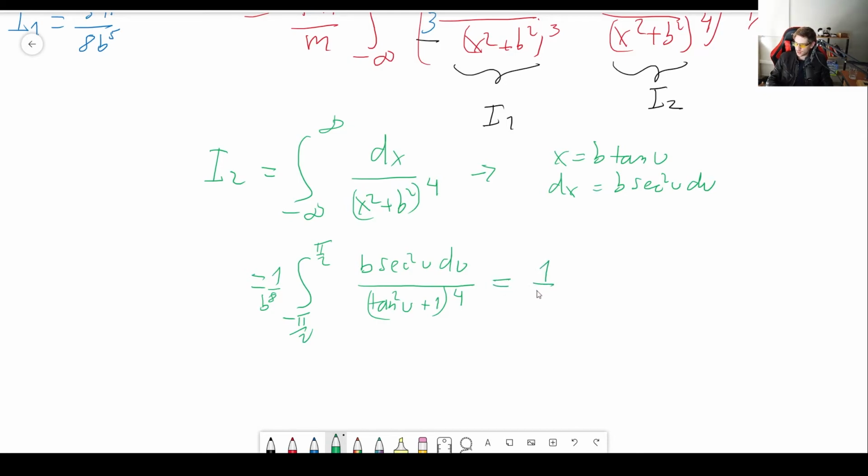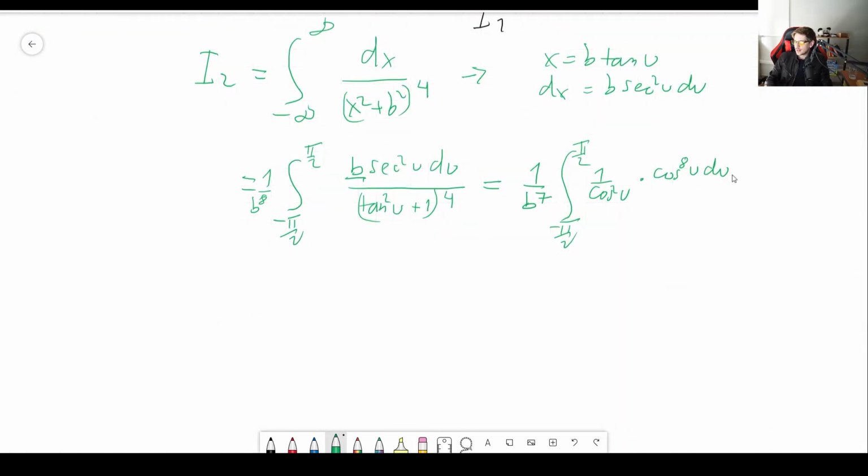So we are going to get 1 over b to the 7th when we consider this b. Integral from minus pi over 2 to pi over 2, and secant squared is 1 over cosine squared of u. Tangent squared u plus 1, as we mentioned, is also secant squared, so we get 1 over cosine squared. That thing is to the 4th, so we get 1 over cosine to the 8th. And then we have to flip it, because we are dividing by that. So we get cosine to the 8th of u du.